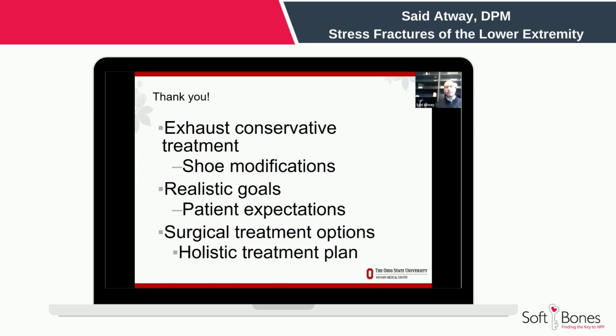And then surgical treatment options, again, having that holistic treatment plan to say, well, is this limiting the patient from having an appropriate quality of life, or a quality of life that is optimized, and how are we going to get that patient there? Is a surgical treatment option truly necessary for these folks?